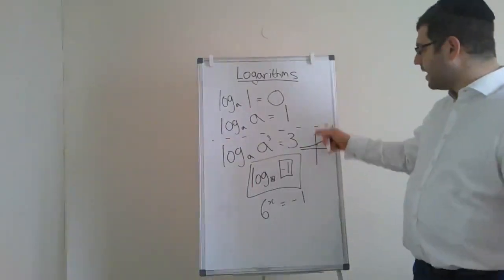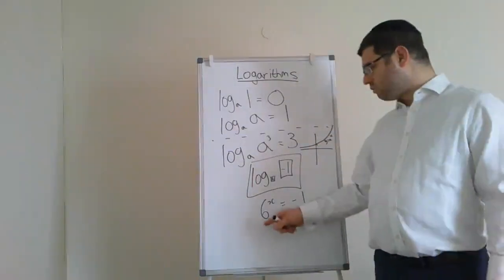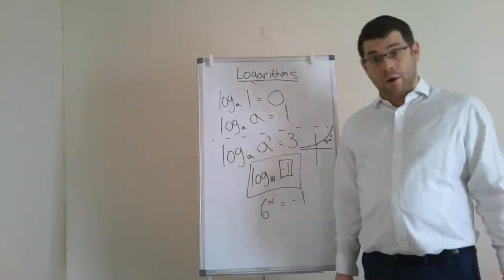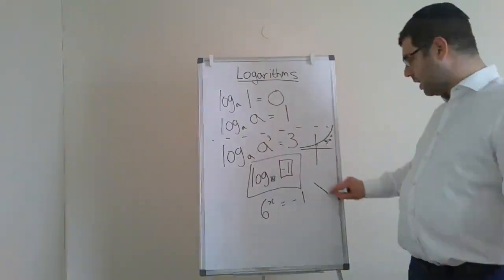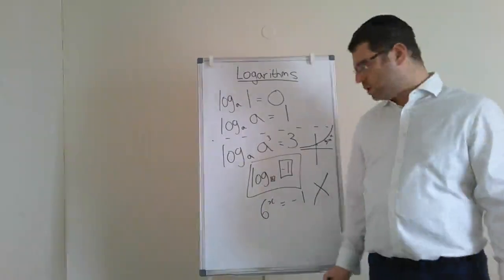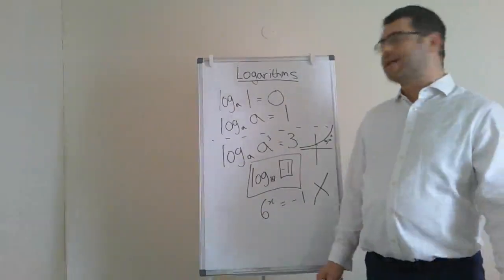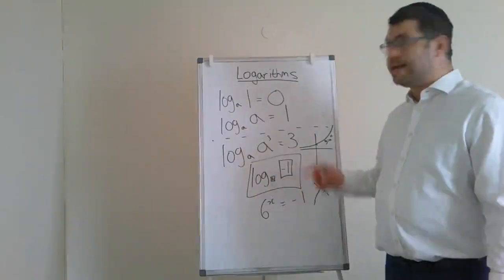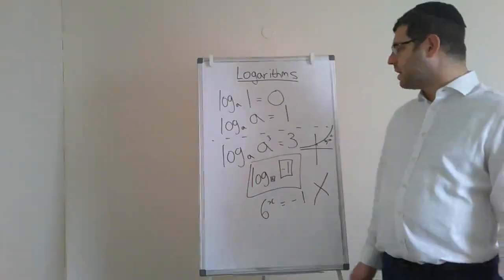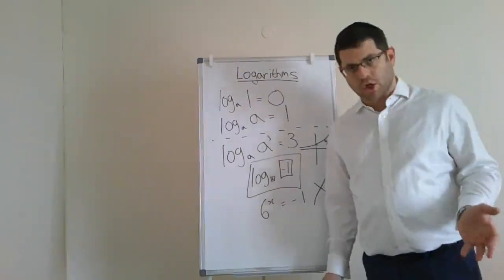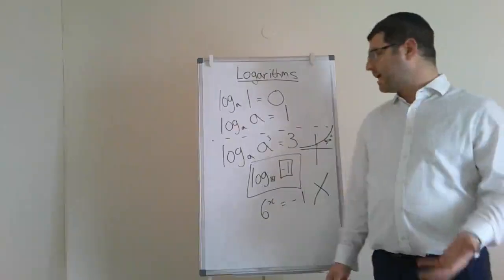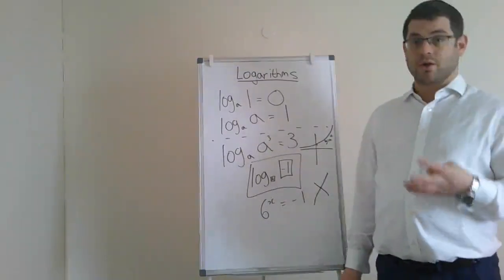The y values are always positive. You cannot raise a number to a power and get a negative result. That's why the calculator gives you a maths error. So never attempt to log a negative number for any base. It cannot be done. If you arrive at a situation where you have to log a negative number, something has gone wrong.